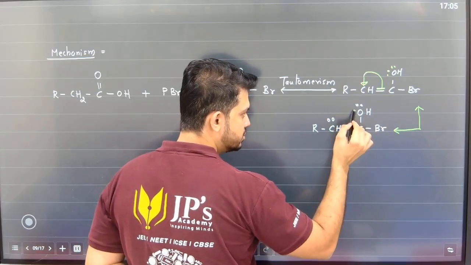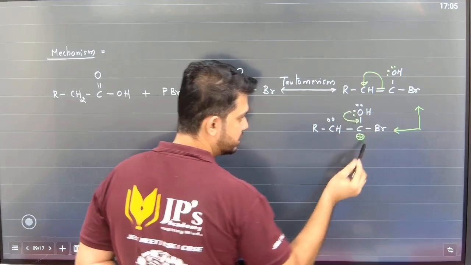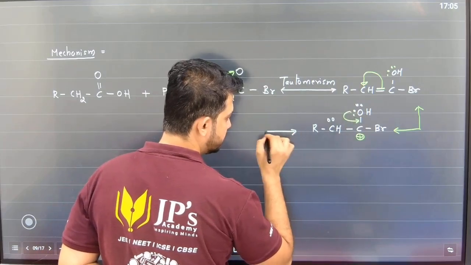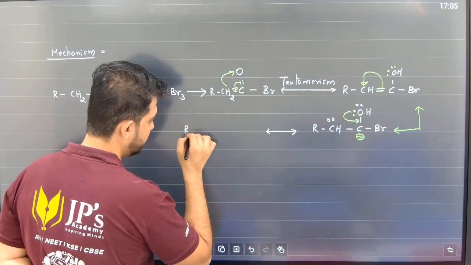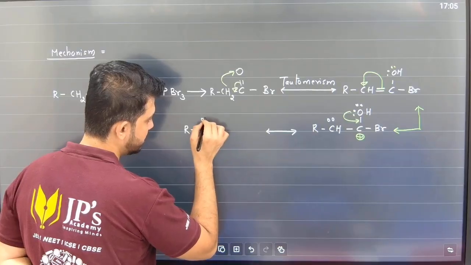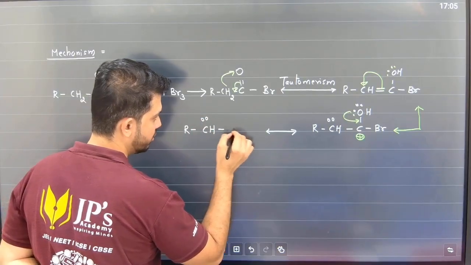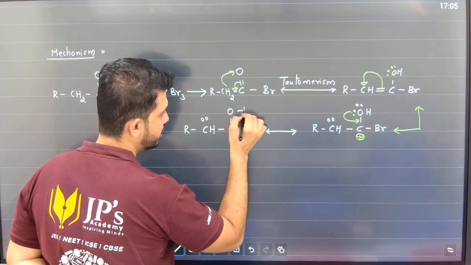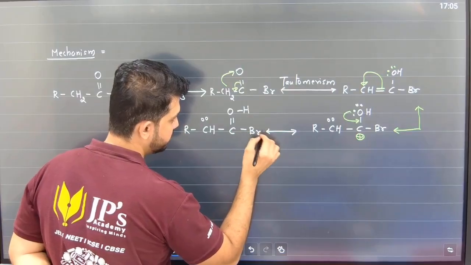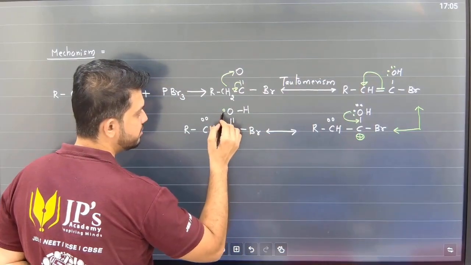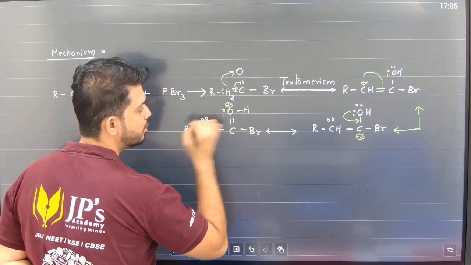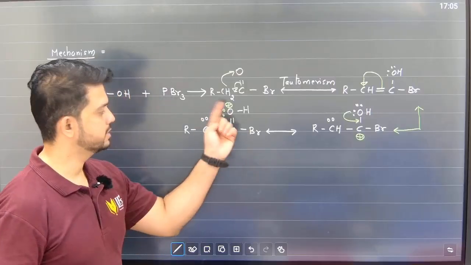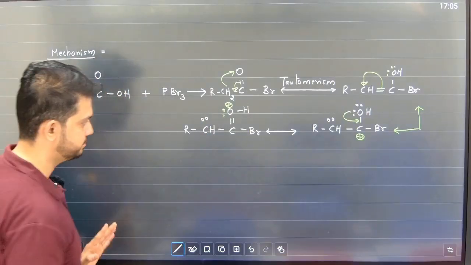And so these lone pairs will come over here, and we have R CH carbanion, carbon with lone pairs, carbon doubly bonded to this oxygen, Br. Oxygen which previously had two lone pairs now has only one, so oxygen gets a plus charge.